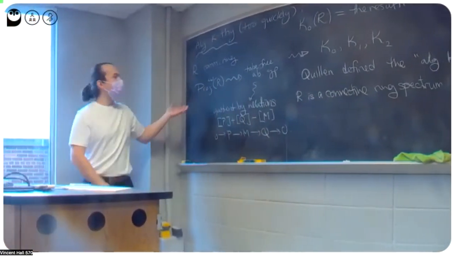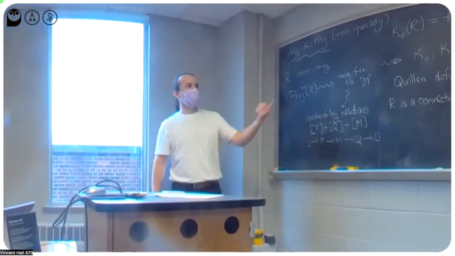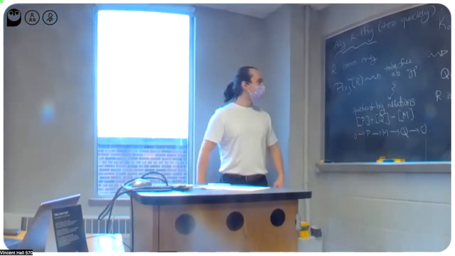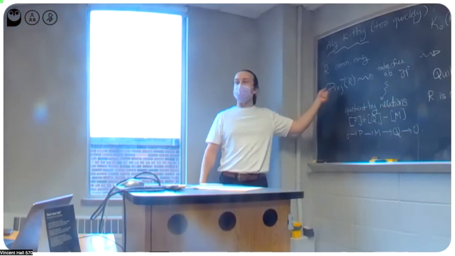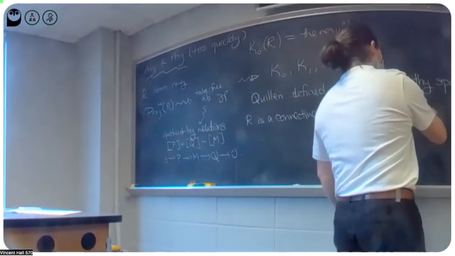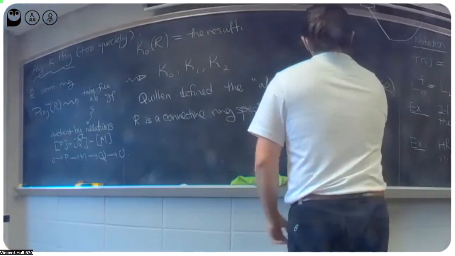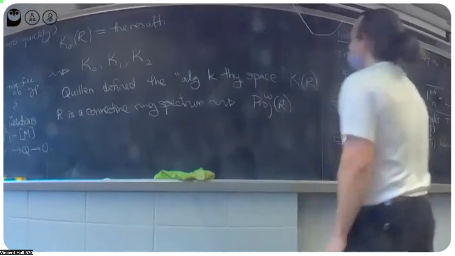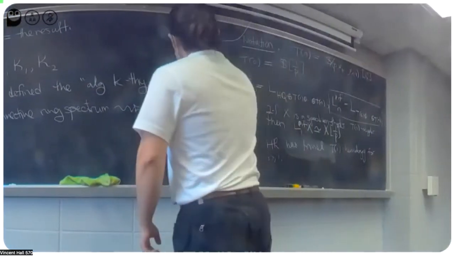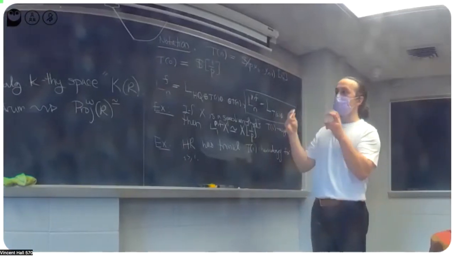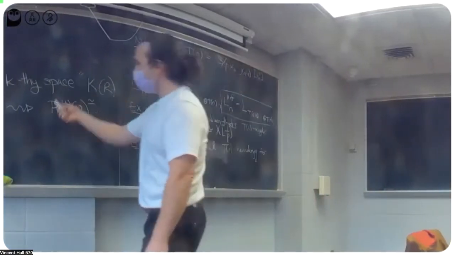And we can consider modules over this ring spectrum, and we can also consider those which are projective and finitely generated. So we can again consider this category. And then we can take the space of isomorphism classes, or the underlying space of this category.